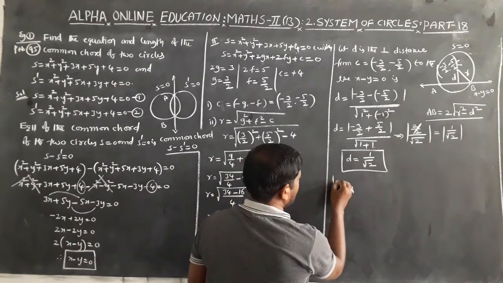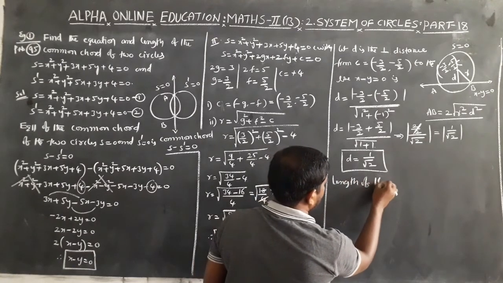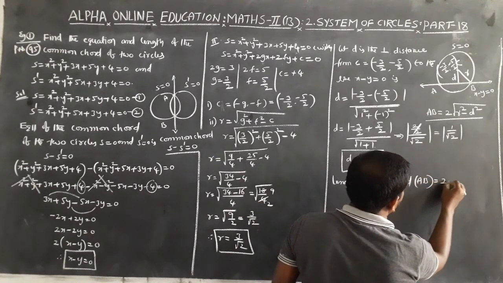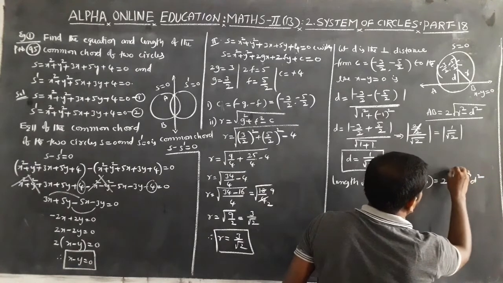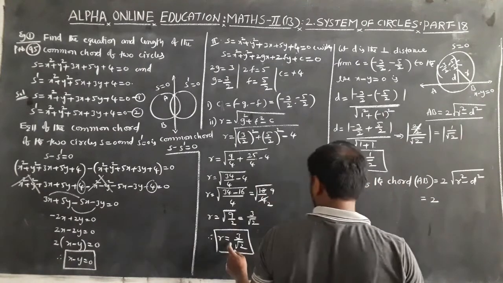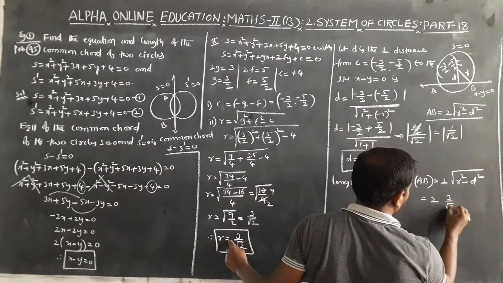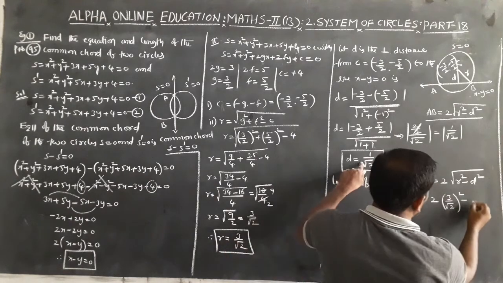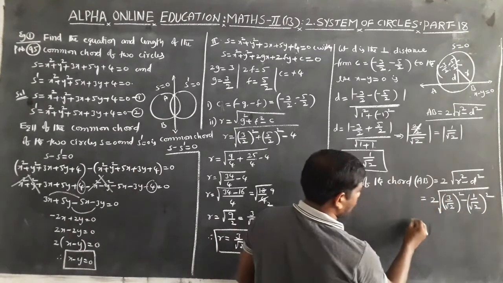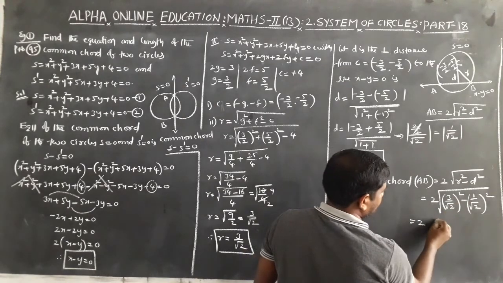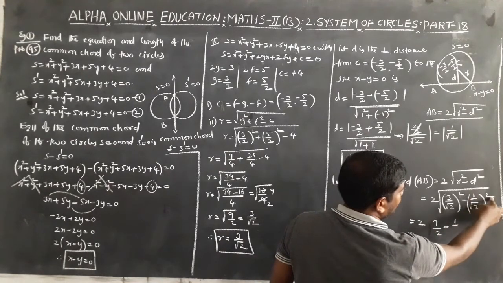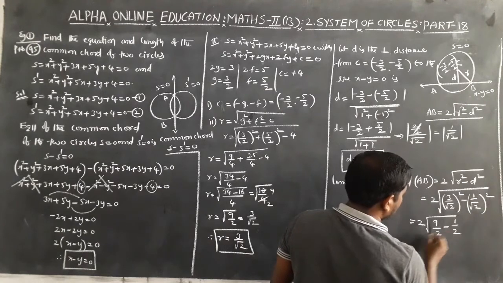Here, the length of the chord AB is equal to 2 into under root of r square minus d square. 2 into root of (3 by root 2) whole square minus d square, (1 by root 2) whole square. 2 into under root of 9 by 2 minus 1 by 2.